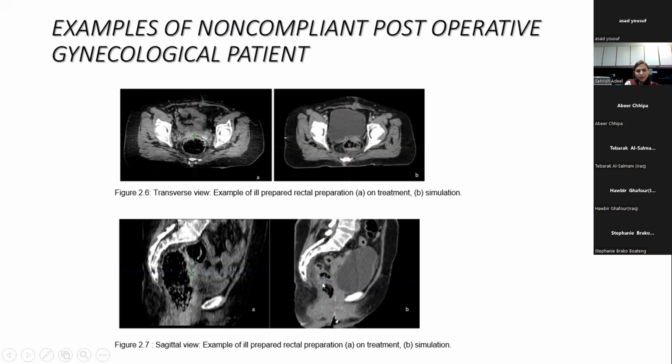Here you can see that the rectum is not filled, and it was about 4 centimeter in diameter. So we planned the treatment on these scans. But on treatment, the patient did not follow the advice, and here you can see the distended rectum. It is full of air and stool.